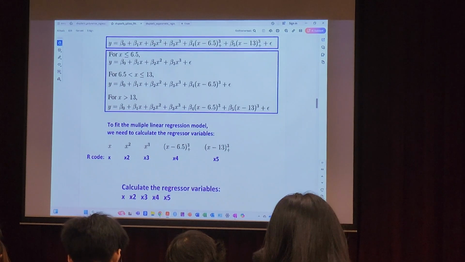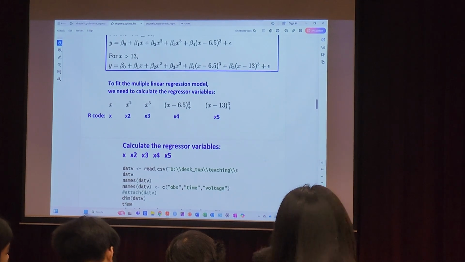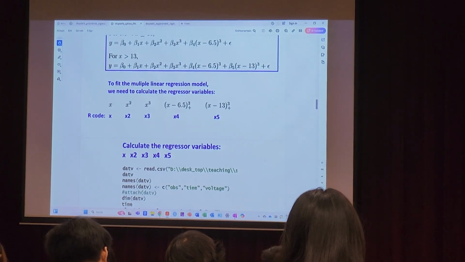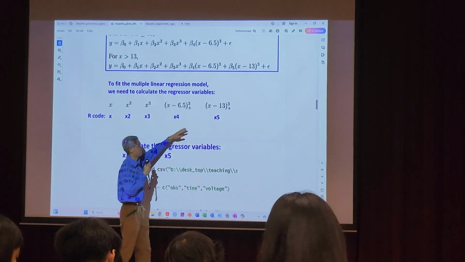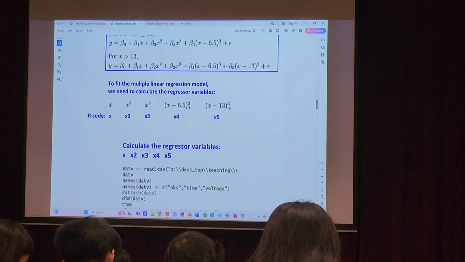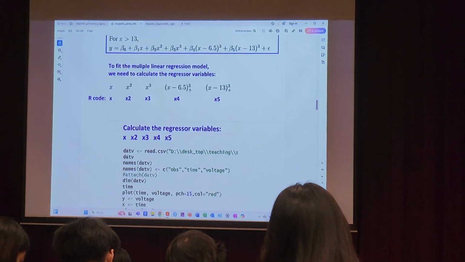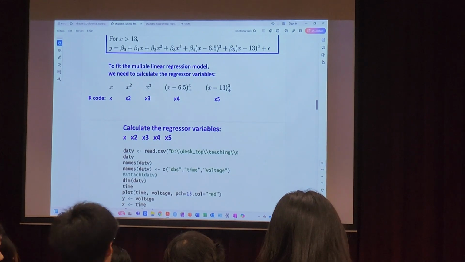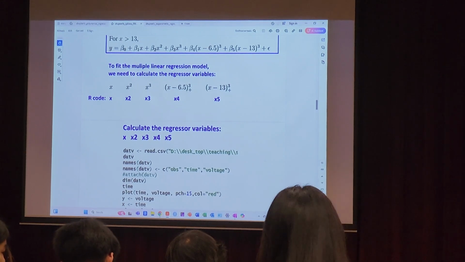And that's the idea. So let me just call this one X, this one X squared, X2, X3, X4, X5 for simplicity. I relabel them. And what is X? X is the time. X squared, square. X cubed, easy. So I can calculate the first 3.